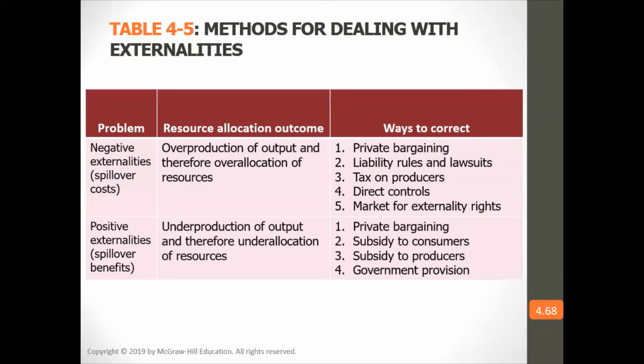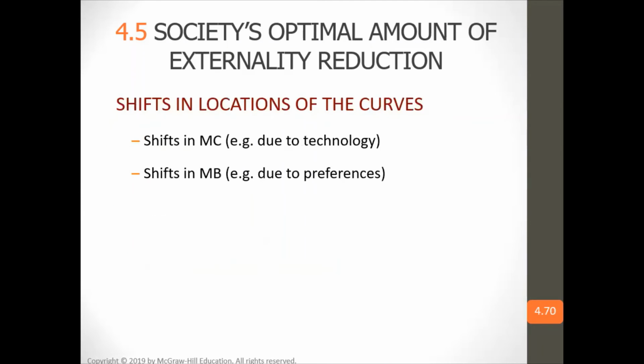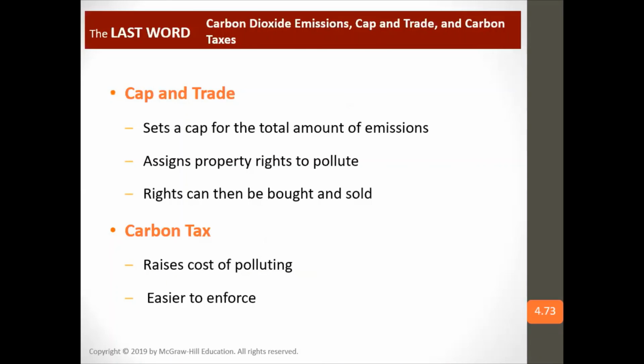Positive externalities, they can produce more of through private bargaining, subsidies to consumers and producers, and government provision. So government could provide it directly, or they could subsidize a private company to provide it. So the government can tax bad things to reduce them, and the government can subsidize good things to increase them, basically.